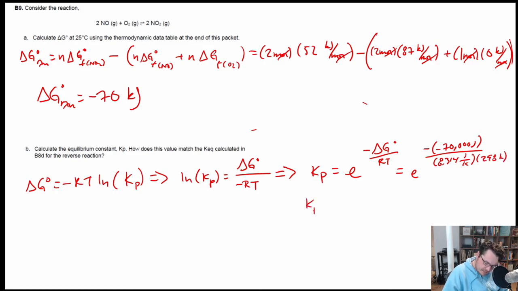And so Kp will equal e to the power of negative times negative 70,000 divided by 8.314 times 298 Kelvin, right? Comes out to 1.86 times 10 to the 12.